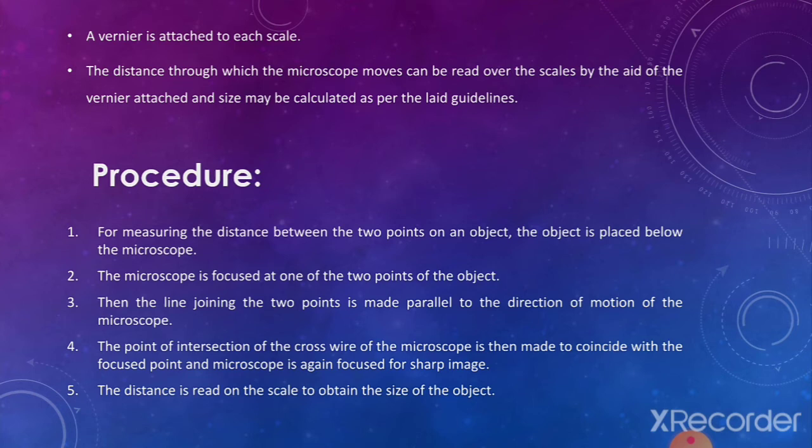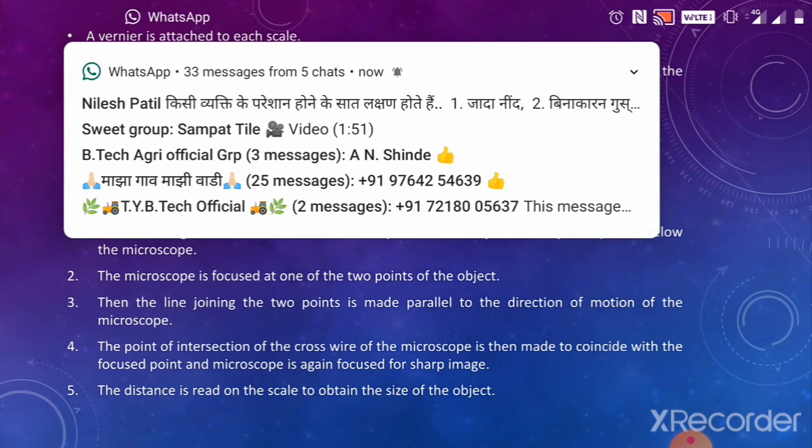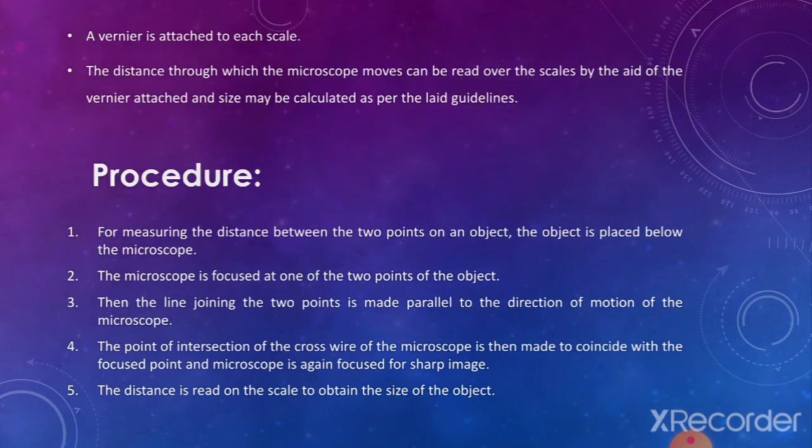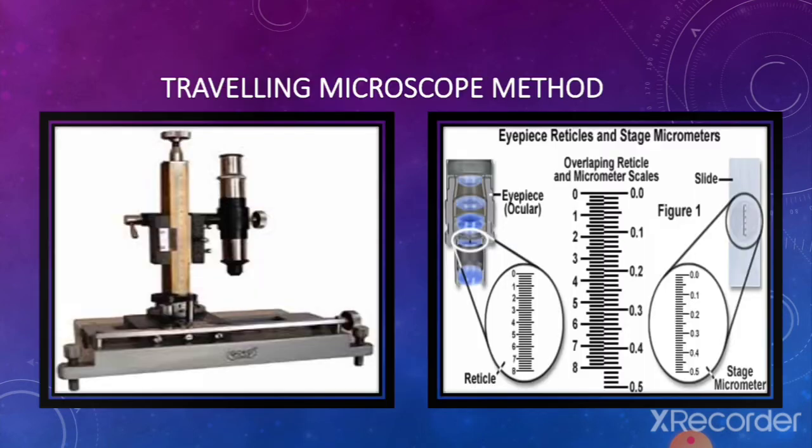Then the point of intersection of the cross wire of the microscope is made to coincide with the focus point, and the microscope is again focused for a sharp image. The distance is read on the scale to obtain the size of the object. So this is the instrument, the traveling microscope, which is used to determine the size of homogeneous grains.